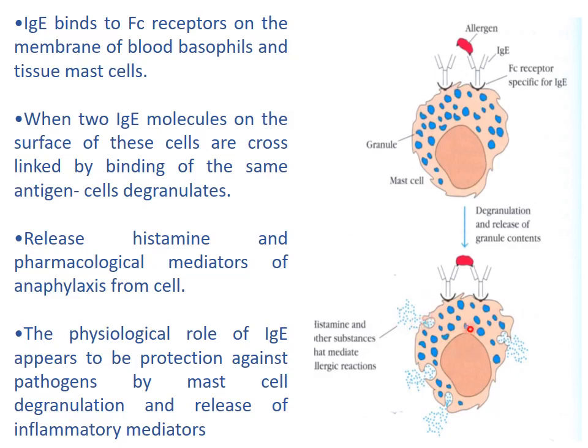So degranulation of the mast cell or blood basophil occurs, which releases substances that produce allergy, like histamine. Okay, and these are the pharmacological mediators of allergic reaction, even anaphylaxis.